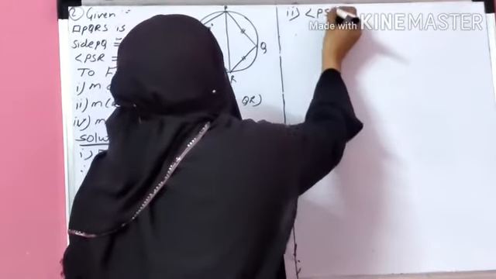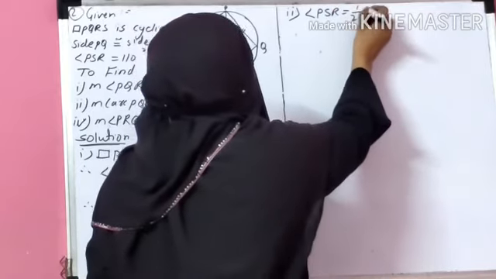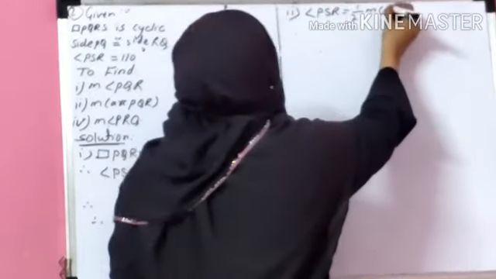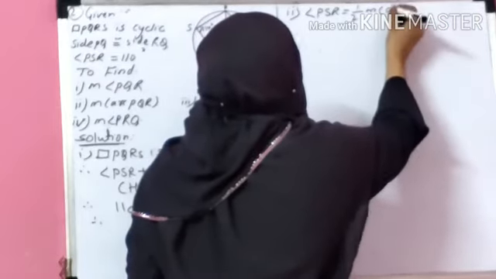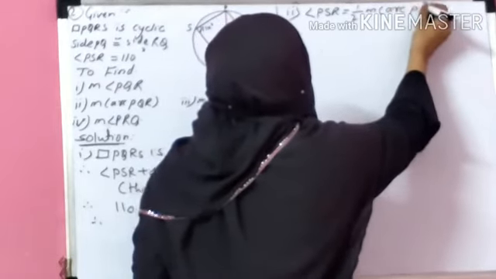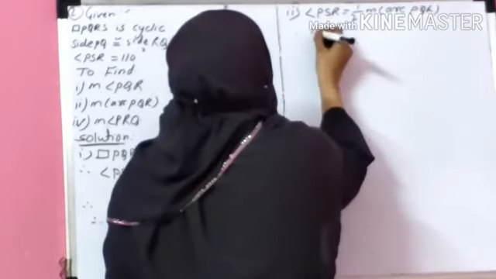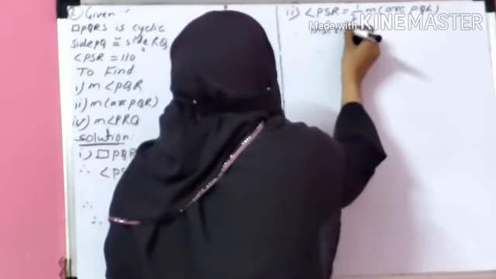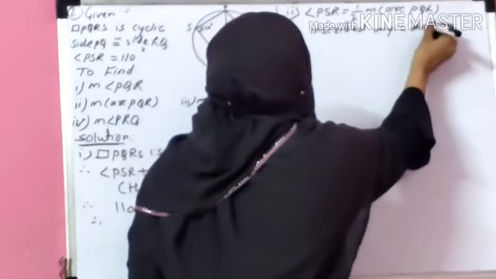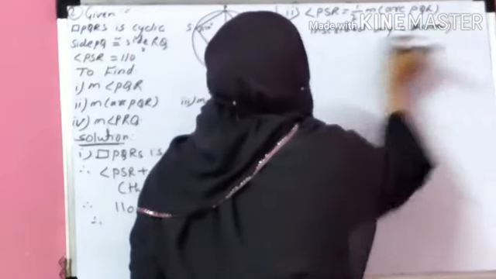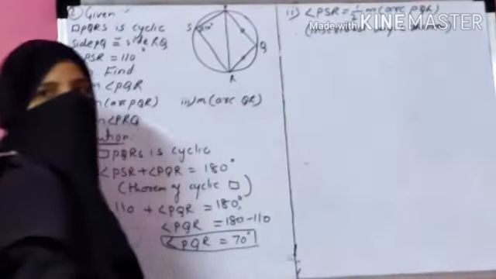Angle PSR is half of the measure of arc PQR. Reason: inscribed angle theorem. By the inscribed angle theorem, the inscribed angle is half of its intercepted arc.